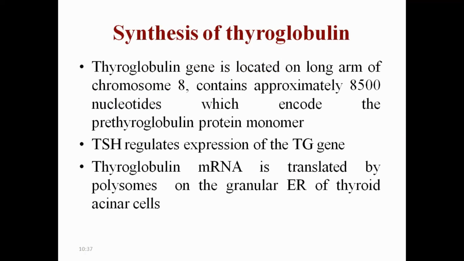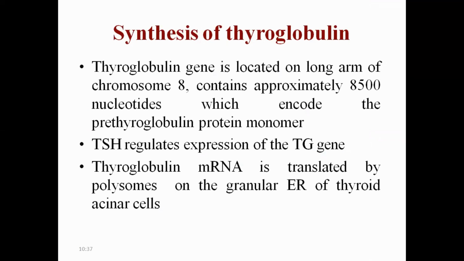Now, the synthesis of thyroglobulin. The thyroglobulin gene, which is responsible for the synthesis and encodes the thyroglobulin protein, is localized on the long arm of chromosome 8. It contains approximately 8,500 nucleotides and encodes the pre-thyroglobulin protein monomers.